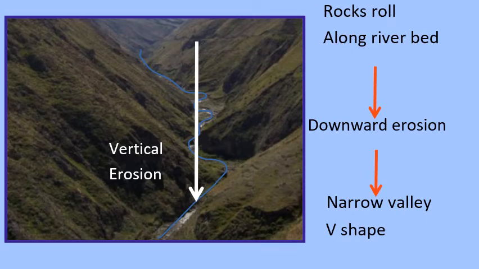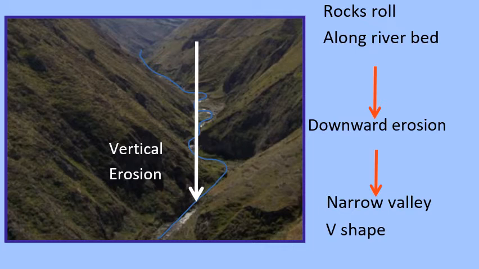Now, something very important happens in the youthful stage of the river. As this river is energetically flowing down that steep side of the mountain, it is able to roll the rocks along the bottom of the riverbed. The traction load rolls along the bottom of the riverbed.